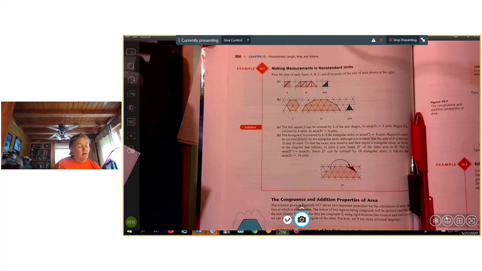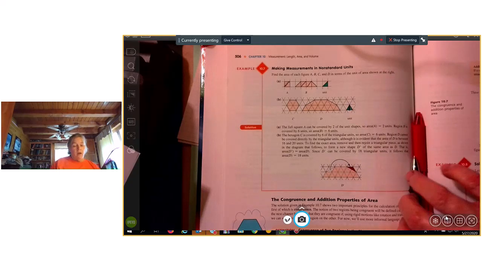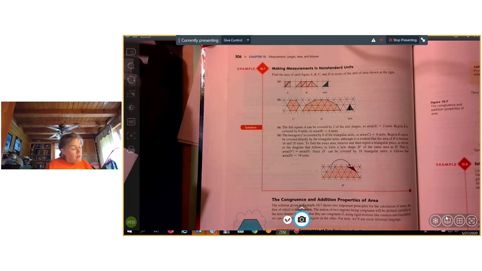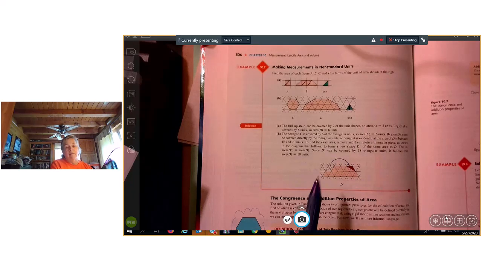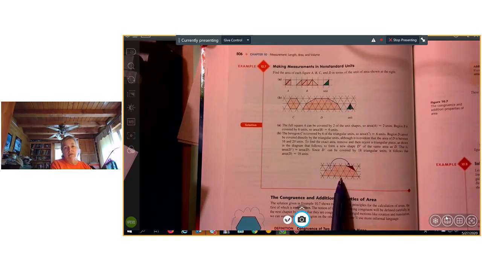And you can see the diagram that they did here. They just took this little piece that was over here and dropped it over here into this side. So that made 2 more full triangles here. So that is the way of looking at it when we're not having a definite inch or whatever.